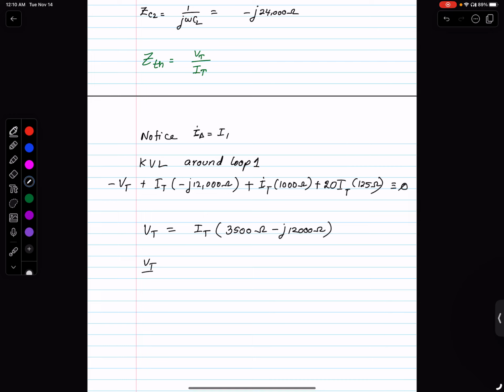Therefore, V test over I test, which is the same as Z Thevenin, is 3500 ohms minus j 12,000 ohms.